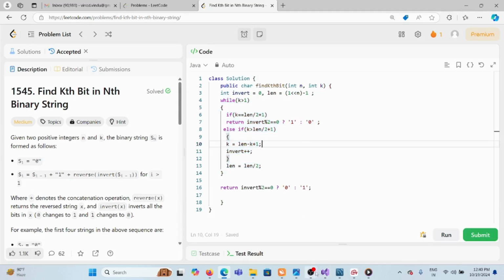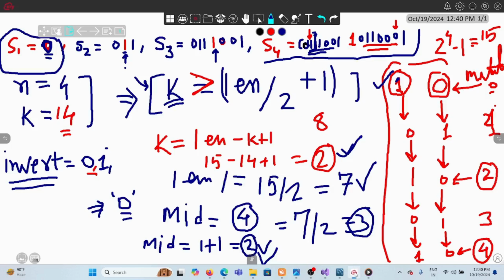Let's say, for example, suppose our k was 15 itself. If k equals 15, what would be the mirror index? Our mirror index would be 0, right? The very first guy, which is 0. So for this 0, whatever number of times invert would have come, accordingly we have to return, the way we are doing here.